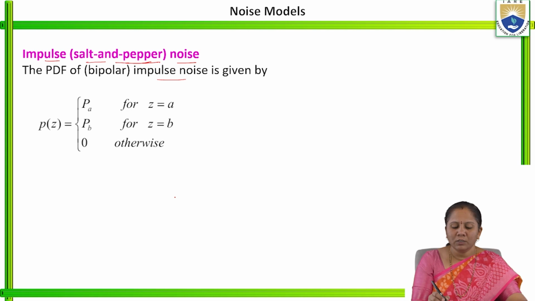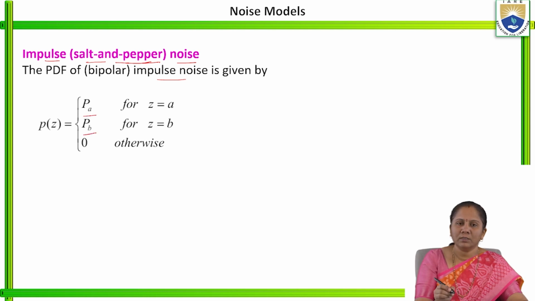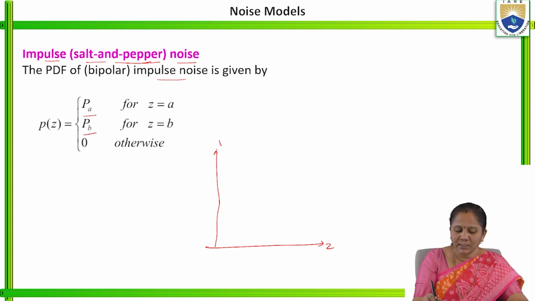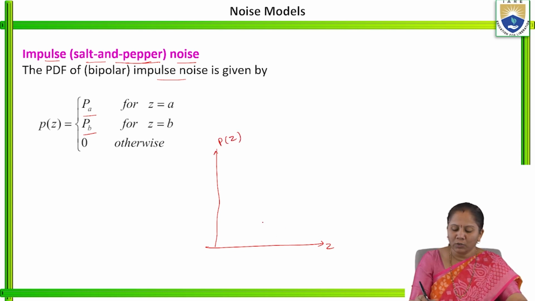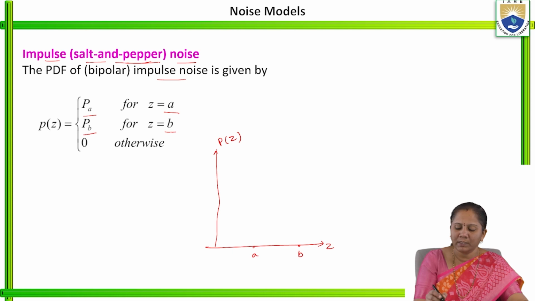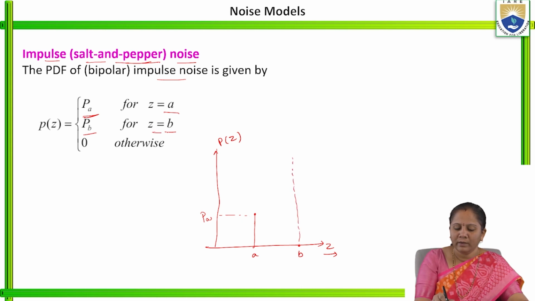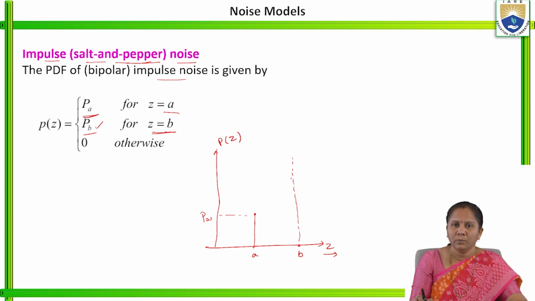Now, in order to represent the probability density function, here Z is the horizontal axis, and this is P of Z. Here we have the two points A and B, where Z is ranging from A to B. At the point A we have some magnitude which is represented as PA, and at another point B we have the magnitude which is PB.